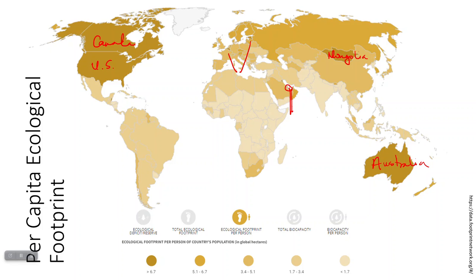Another thing to think about, the United States, we have a lot of land, got a decent amount of people. We use a lot more resources per person and in total than a lot of the rest of the world. So that might be a time to start thinking about our individual impact on our ecological footprint and what kinds of things we can change as a society to make sure we're not using as many resources.